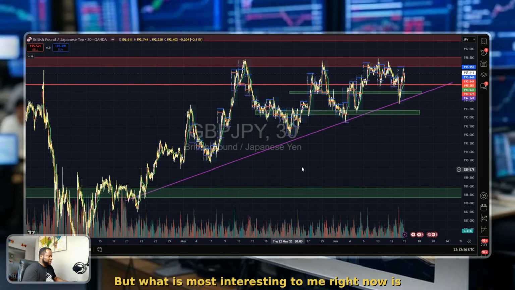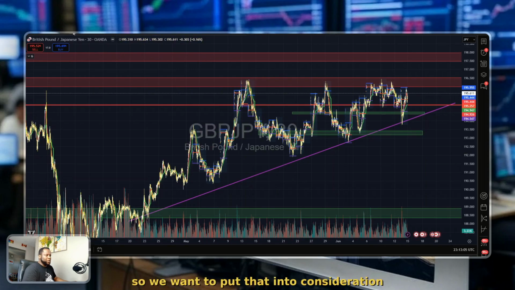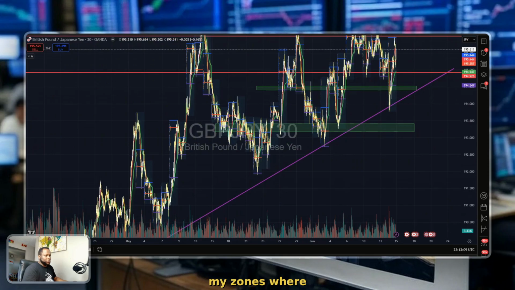But what is most interesting to me right now is this upper trend line, which the market seems to be respecting very much, higher highs. So we want to put that into consideration. And I'm going to expand this better so I can get my zones where I think it's comfortable for me to buy.